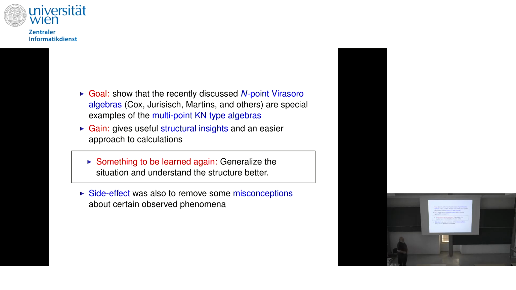If you check these original papers, the calculations are horrible in some sense, done without so much insight. This is the lesson to be learned again in mathematics: generalize the situation and understand the structure better. By generalizing, you get what is really behind it. You will see what's going on.